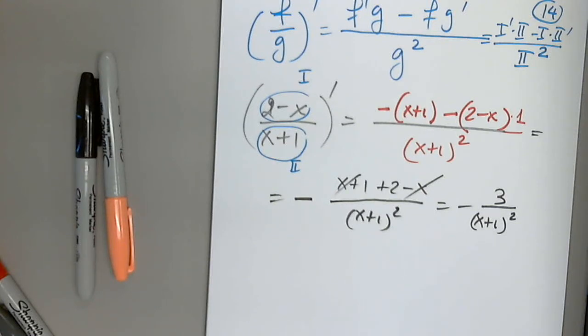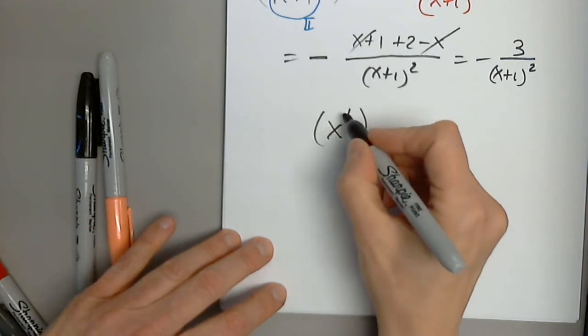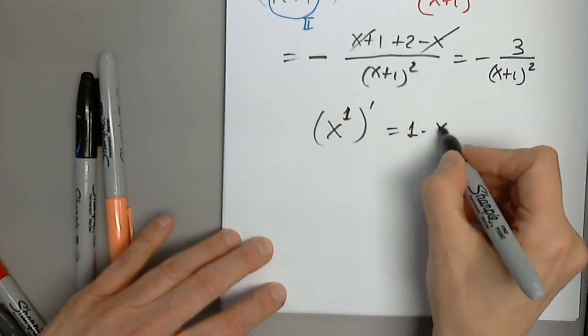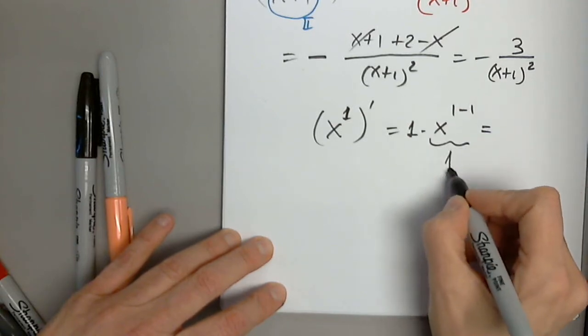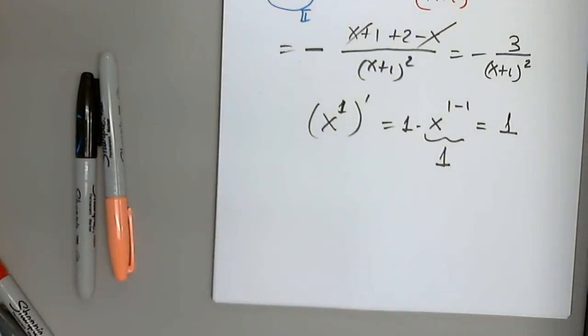The derivative of x is 1. Bring down 1, subtract 1 from the power. And you get 1 times x to 0. So x to the first power prime is 1 times x to 1 minus 1, which is x to 0, and x to 0 is 1, so that's how you get 1.